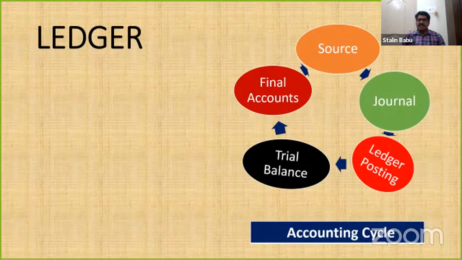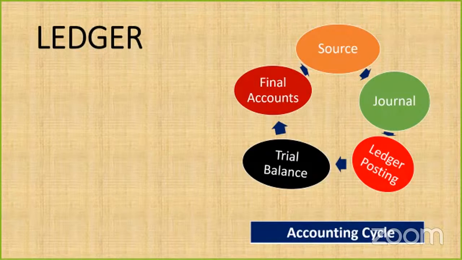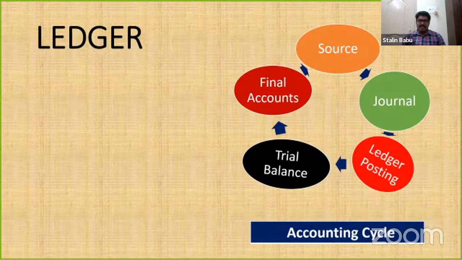If you observe the accounting cycle, it starts with the source document. From the source document, we prepare the journal.